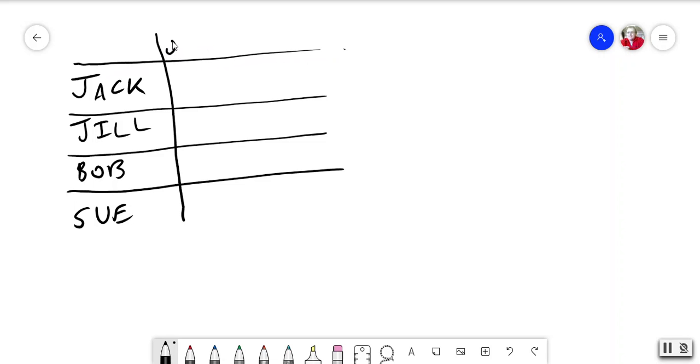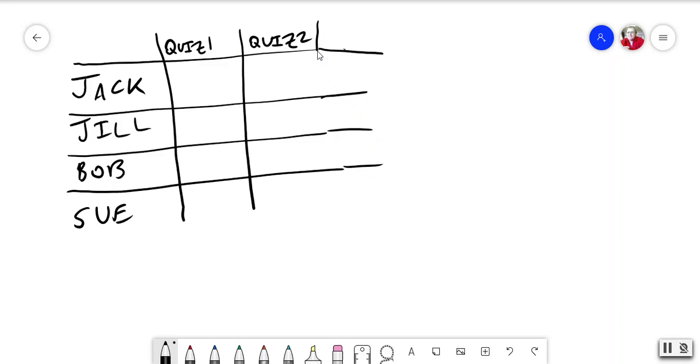So maybe the first column is quiz 1. The second column is quiz 2. The third column maybe is quiz 3. And they have their grades, whatever those might be.